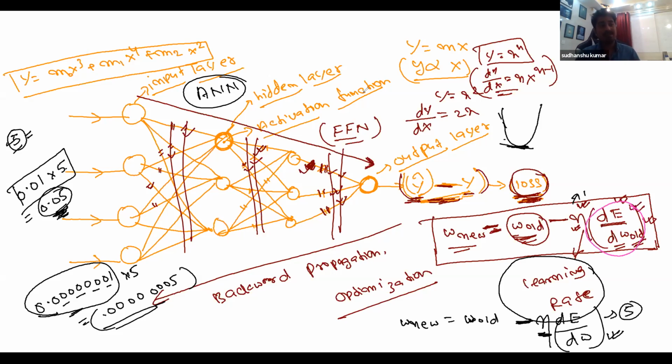Everyone's neural network is different. They have a different kind of learning rate. That's the reason we say some of you are slow learners, some of you are very fast learners, right?